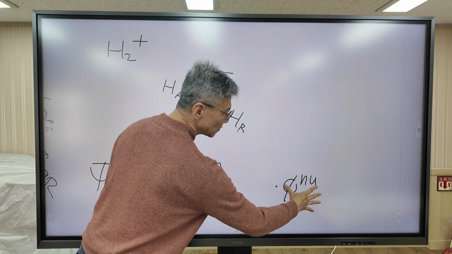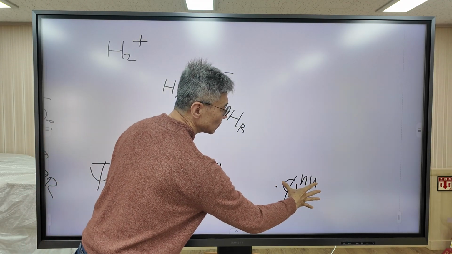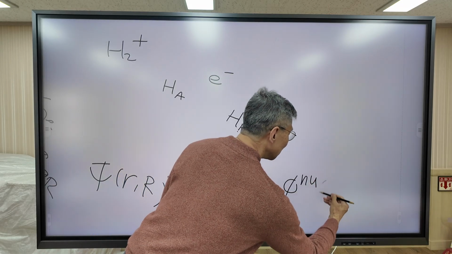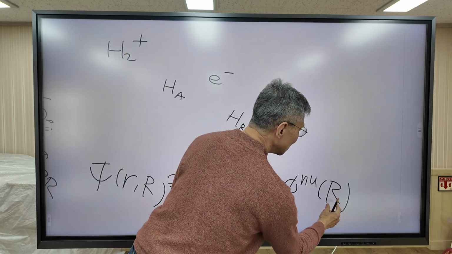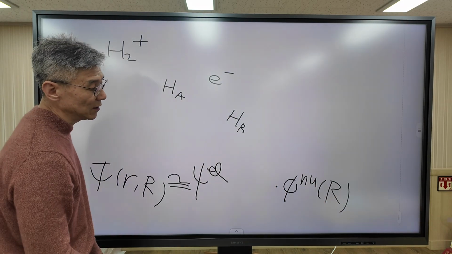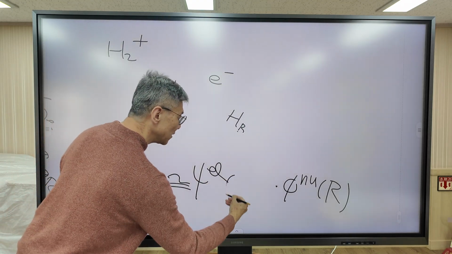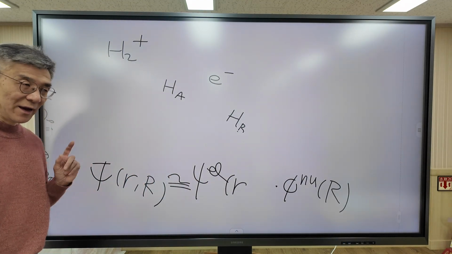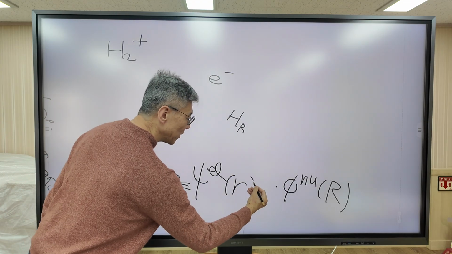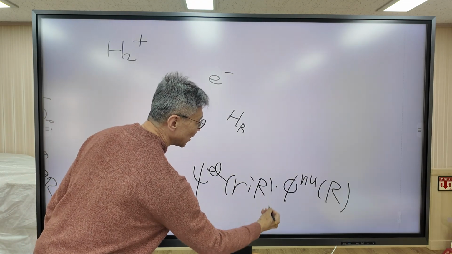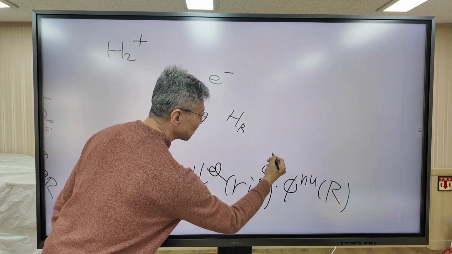Because this function is concerned with nuclear motion, it depends on the nuclear coordinate large R, and this function is concerned with the electron, so it depends on small r, and it depends on large R parametrically.